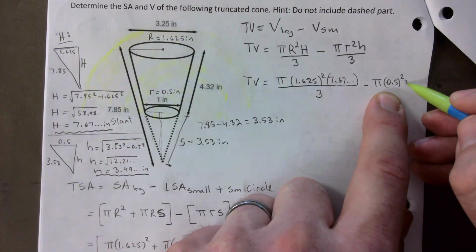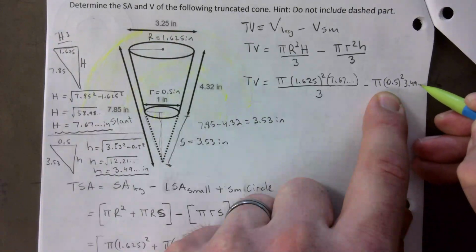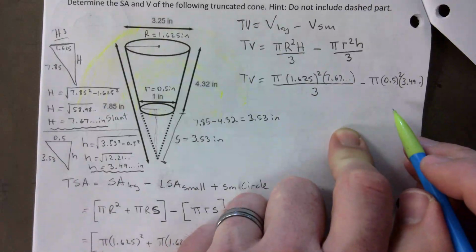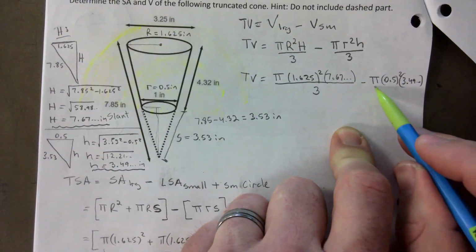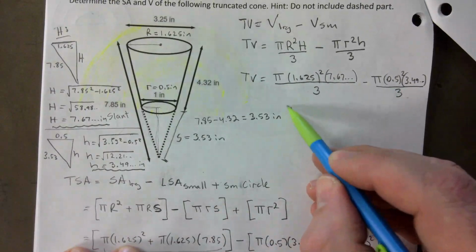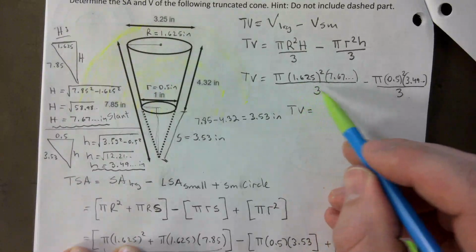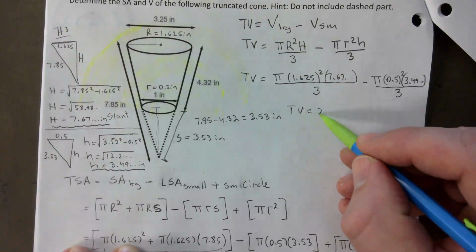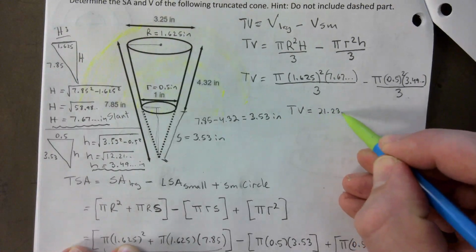And that's the lowercase height. All of that divided by 3. Total volume. If you do the first part, you get 21.23 something.